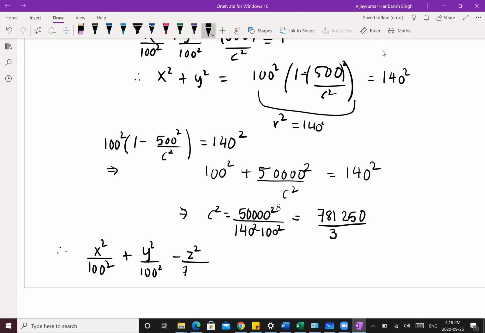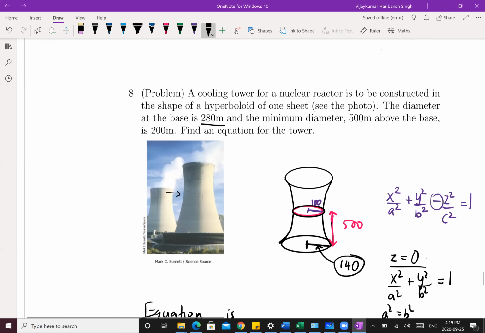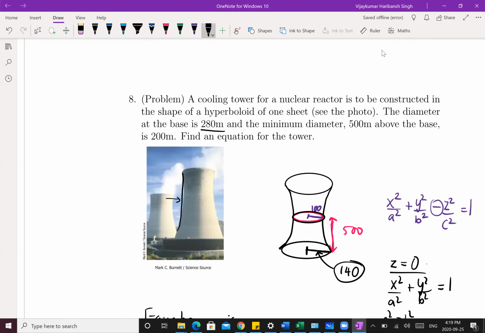Now I'll write it as the square root of 250 divided by 3, the whole squared, equals 1. And z is between minus 500 and 500. You may say it doesn't look like it goes all the way up, but we are assuming the structure to be symmetric like that, exactly at the midway.